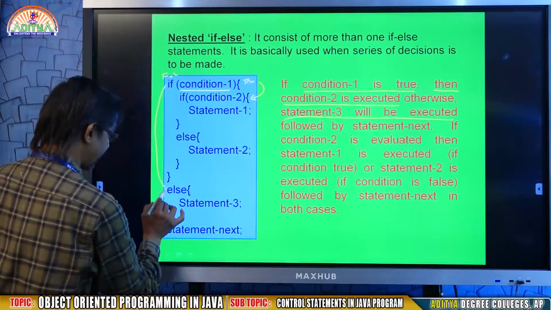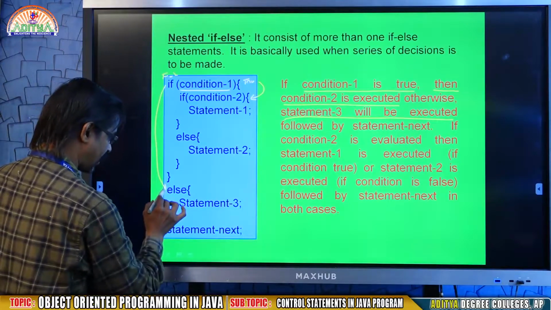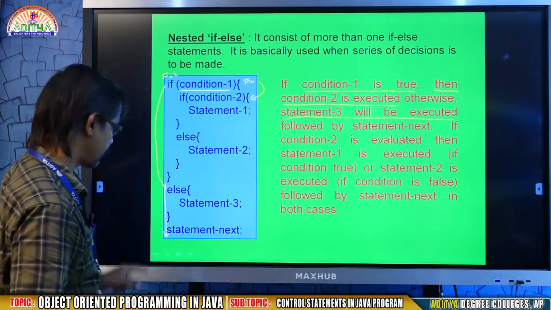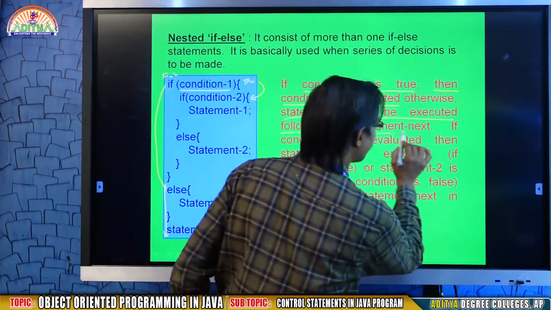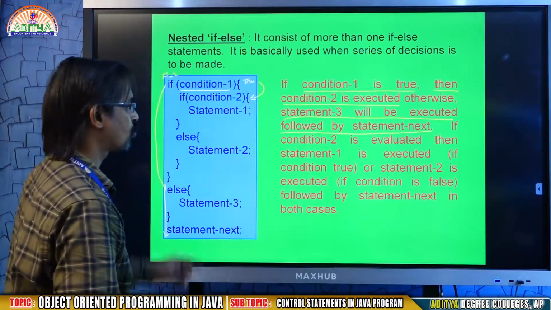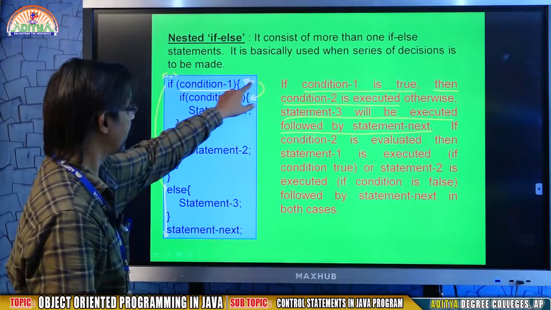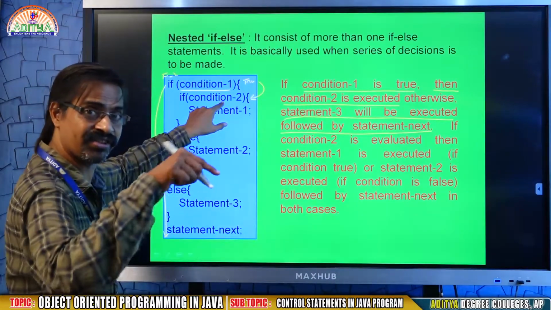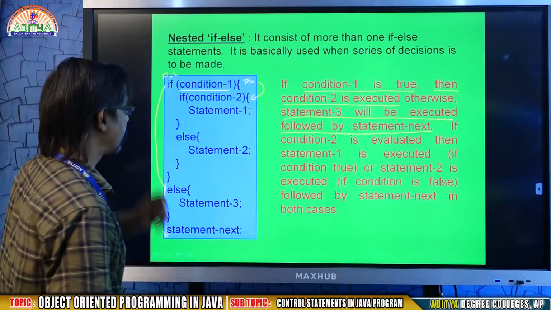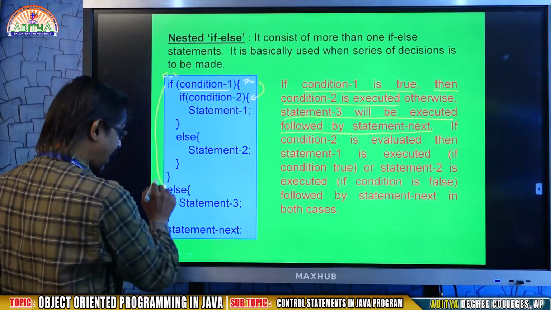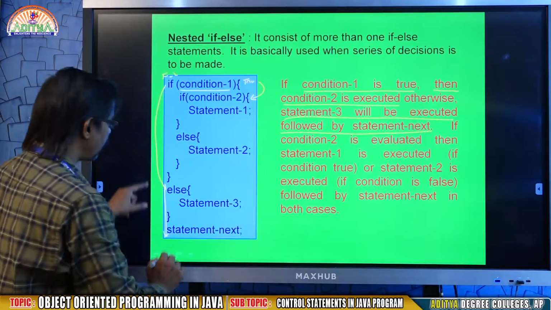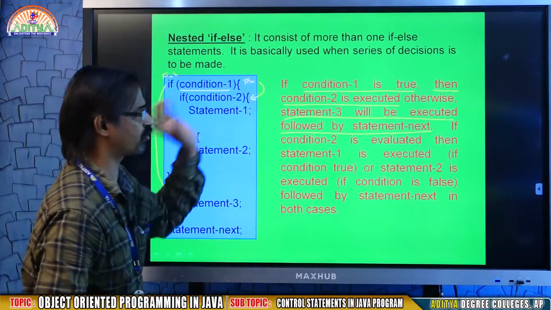It will go to this else and then fall down to statement next. So if condition 1 is true, it will go to condition 2, which is inside another if. If condition 1 is false, it will go directly to the else, and from that place it will go down.